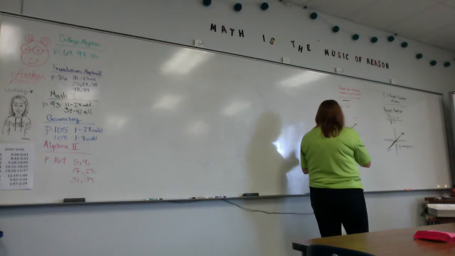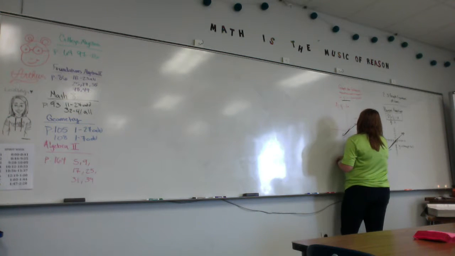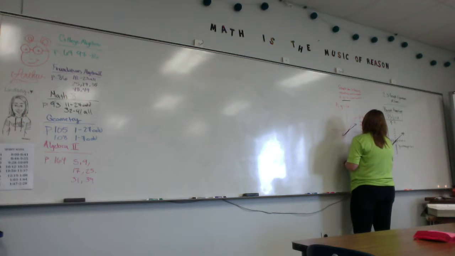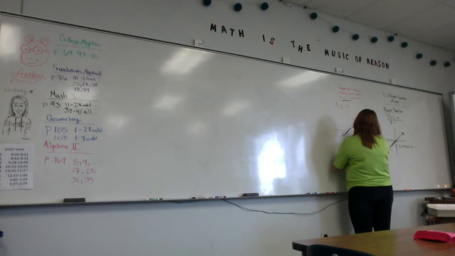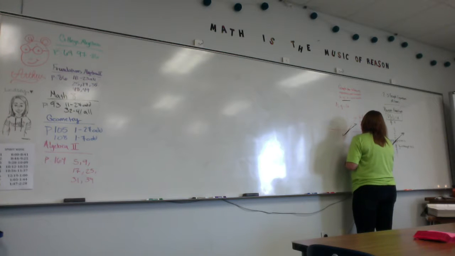So when I go to compare, I would say something along the lines of: y equals 2x, when compared to the parent function, has a growth rate two times more than y equals x.